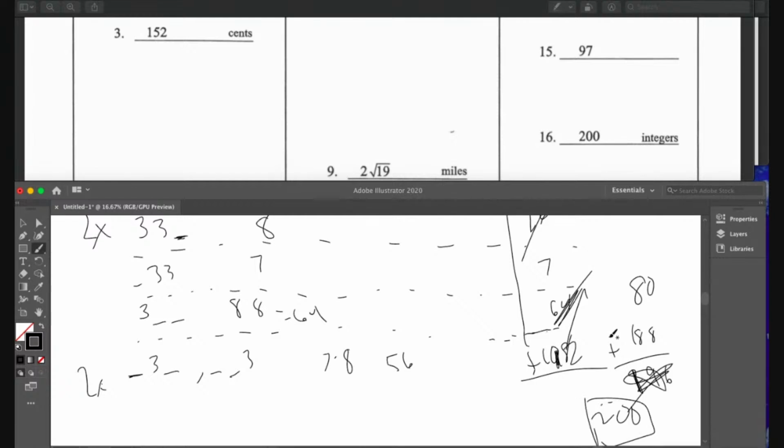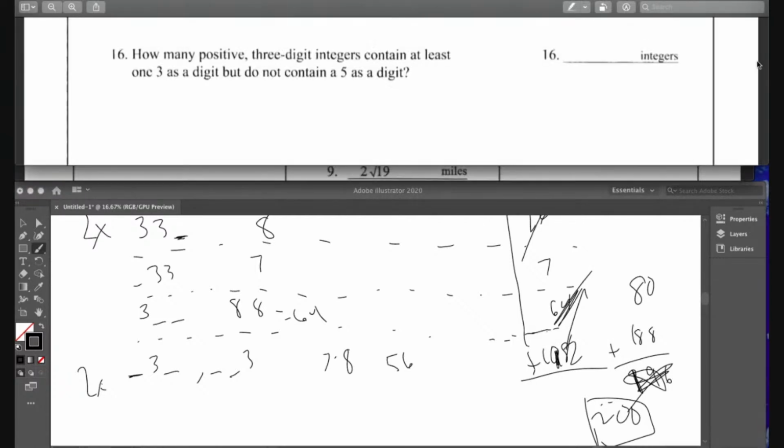Okay. Anything you want to say for that one, Bill? Oh yeah, just casework, I guess. Nothing really much. If you try to do it without casework, there's a lot of overlapping stuff. I feel like it would get messy.